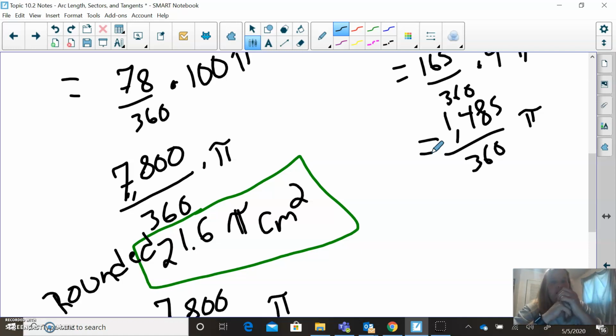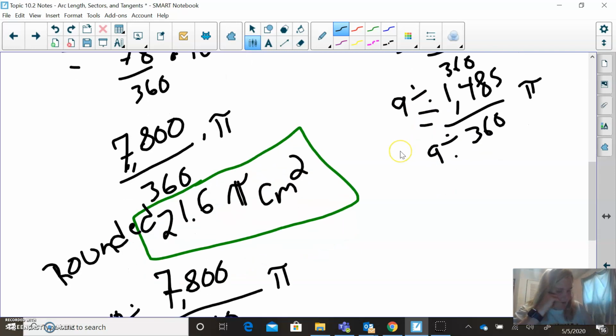And we just multiplied 9 through the top, so we know it's divisible by 9. So let's divide it by 9, and we get 165 divided by 40 pi.